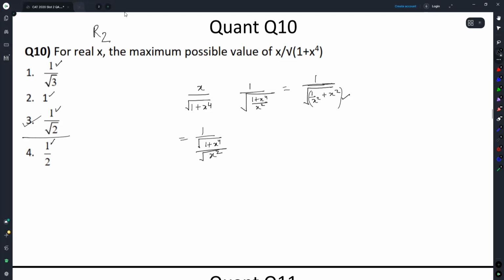Can't start with y here. Equal to y. Something like this. Yeah, the problem is I would get y square by x square is equal to 1 by 1 plus x raised to the power 4.